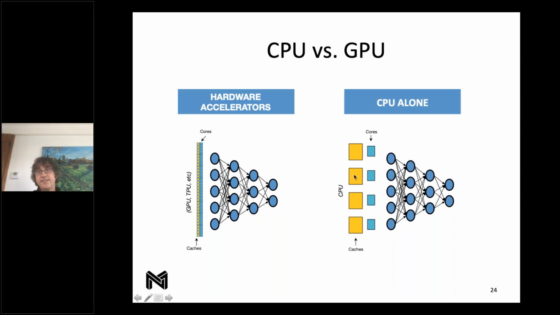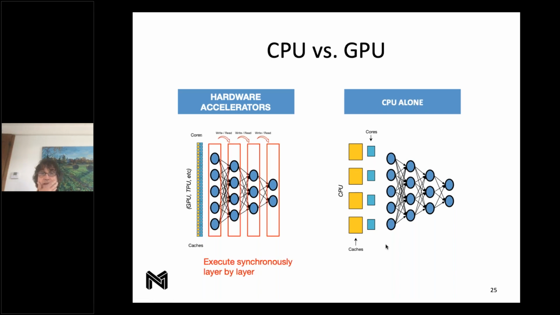The CPU has lots of cache and not so great bandwidth to memory. So how do we do computation on these devices? Well, the typical way that you run on a hardware accelerator is to execute synchronously layer after layer. And this is the beauty. This is Krizhevsky's great understanding that you can use the GPU to run through the layers of the neural network in parallel.